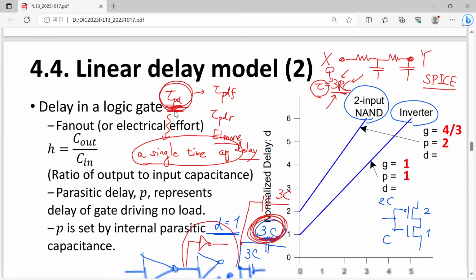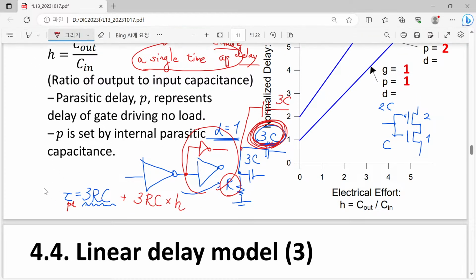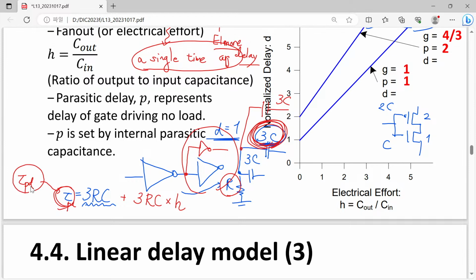But as far as this course is concerned, it is a good approximation for our tau PD.